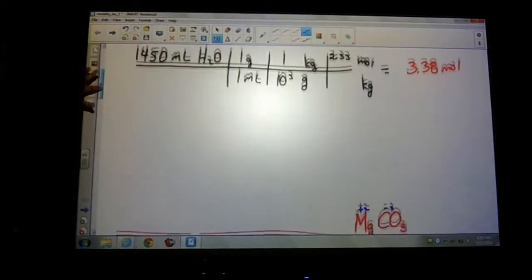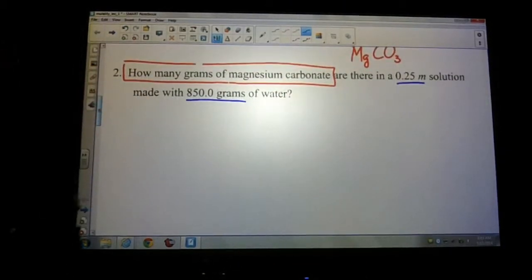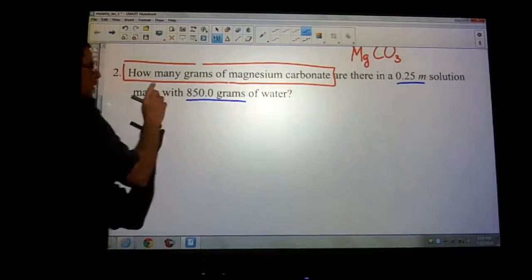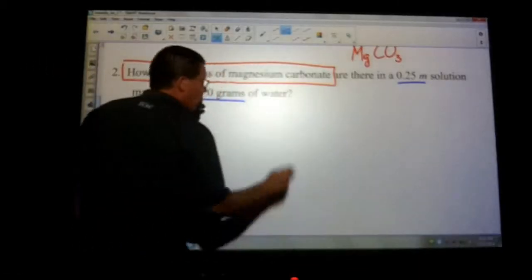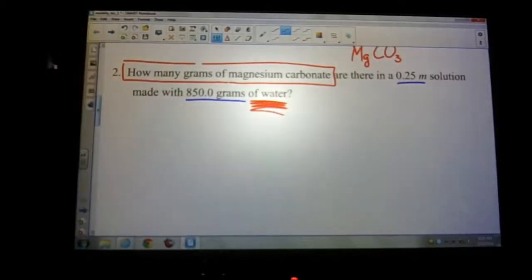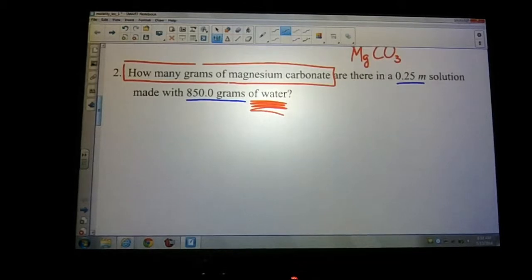So we can actually work backward here. If I'm giving you a gram amount within the problem, it's always going to be for water. Make sure that you're doing it, unless I'm asking you to calculate molality of the substance. And then I'll be very, very specific on that.